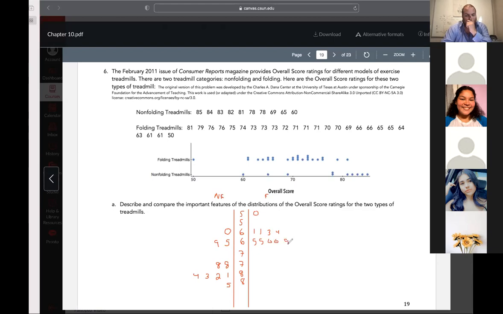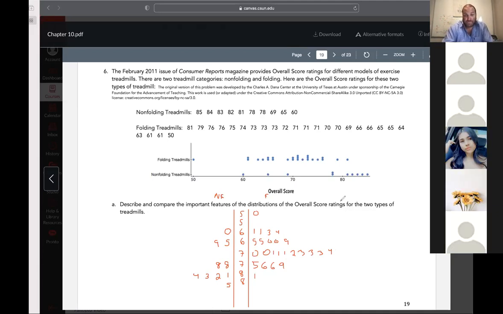And then a 0 on the first 7, two zeros, then three 1s, then one 2, then three 3s, and then one 4. Then a 5 on the second 7, two 6s, one 9, and then a 1 on the first 8. That's it. Awesome. Amazing. Knocked that one out of the park. Any questions on this? No, perfect. Thank you.